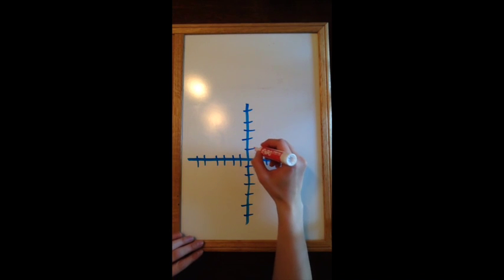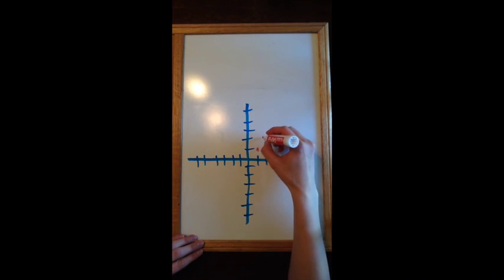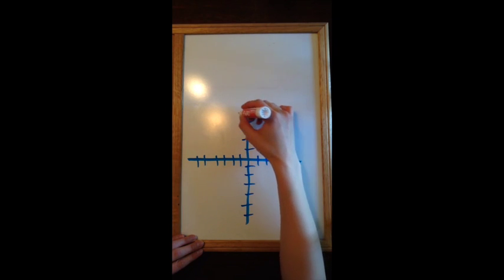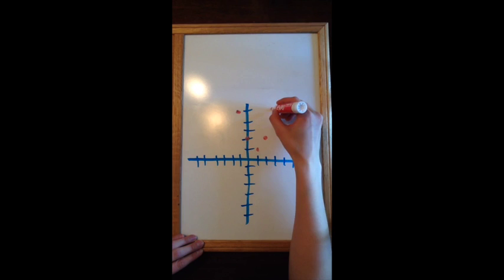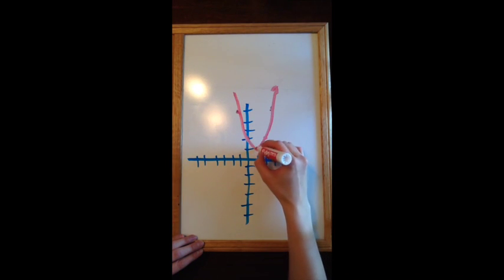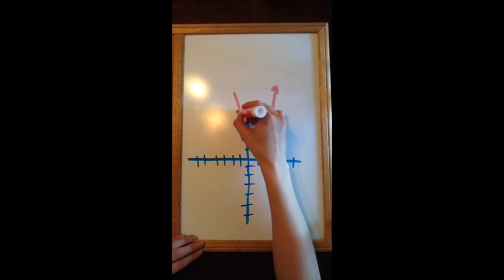Okay, so for example, if I have, let's do a parabola. Okay, so this is our graph. Okay, I'm going to remake my points so that you can see those.